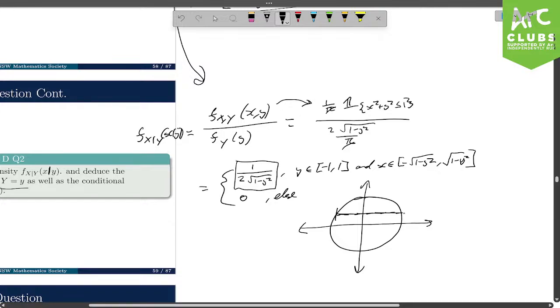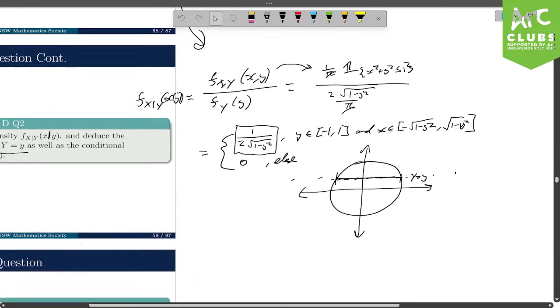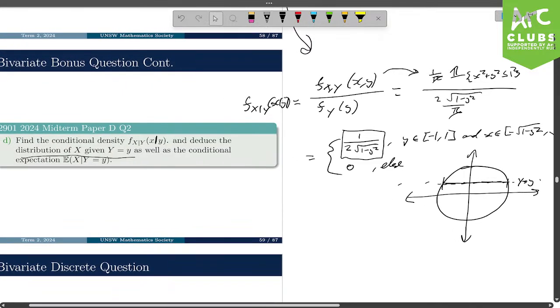And so on this little line segment here, which is f of x given y as y, we have a uniform distribution across this line. And it's not a super intuitive thing, but it's understanding that we're taking one distribution and forcing it to give us more information, which turns out to be another, which can be pretty cool. Very exciting stuff. Anyways, that gives us our distribution.